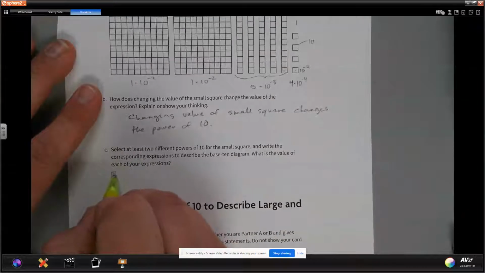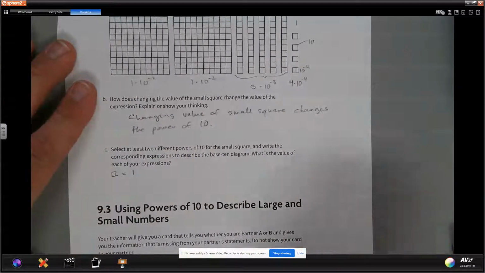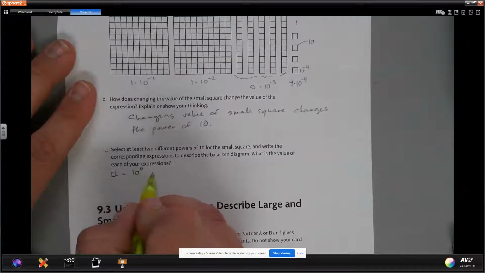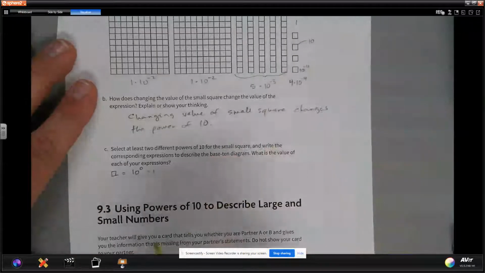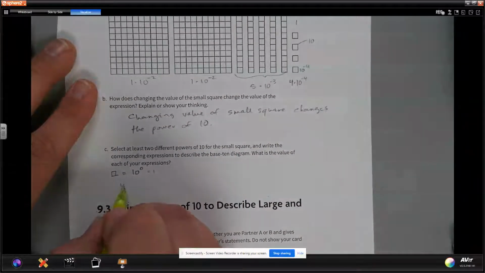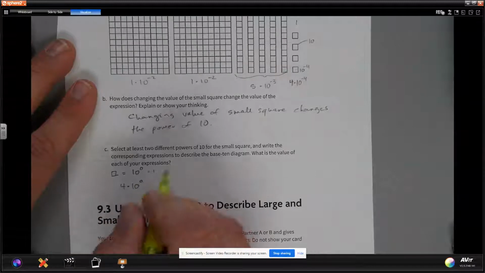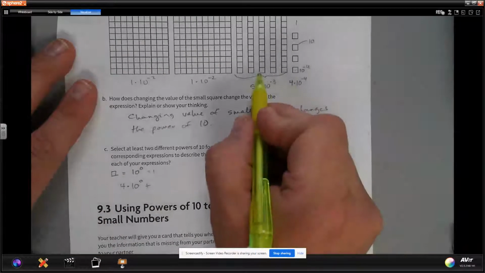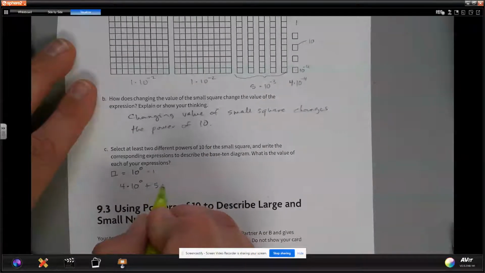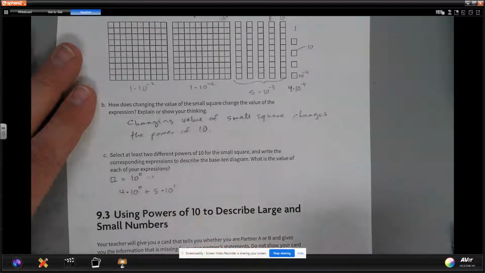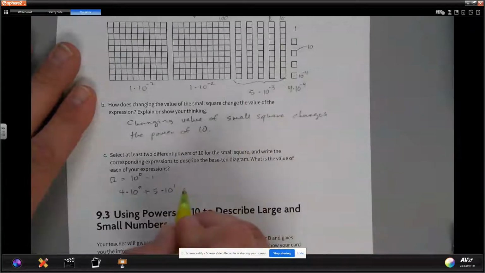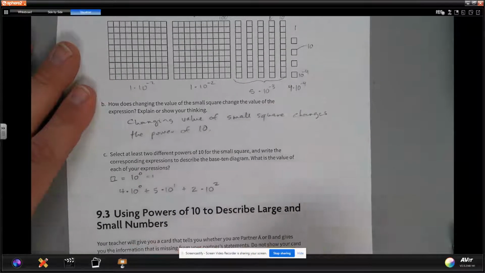Well, if we said that the small square is equal to 10 to the 0 power, which equals 1, we could see that up here above, that is 4 times 10 to the 0 power, plus the next one would be 5 times 10 to the first power, because each of these are 10 times bigger, plus 2 times 10 to the second power.